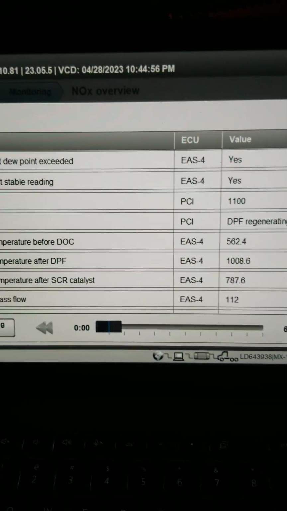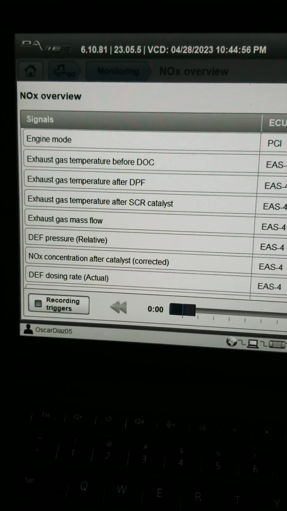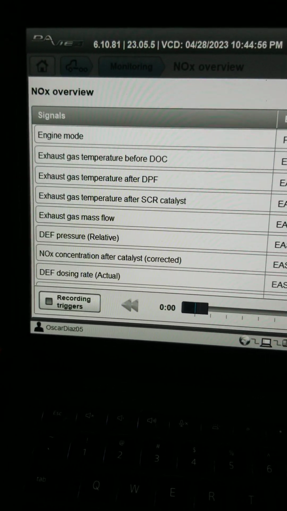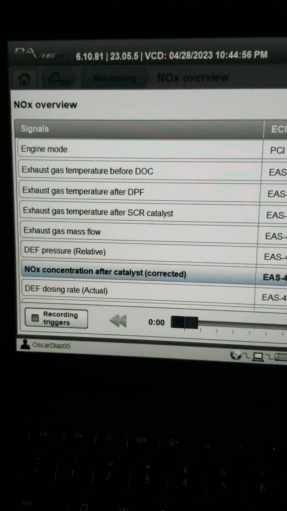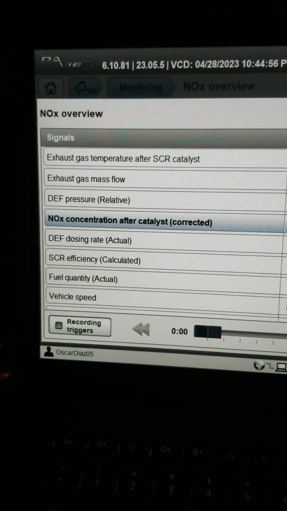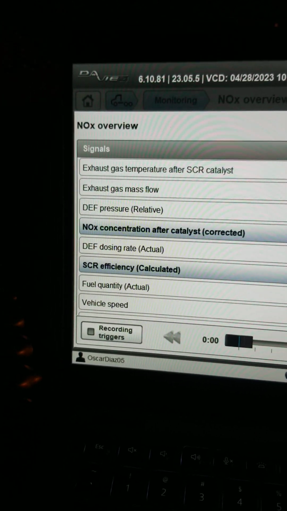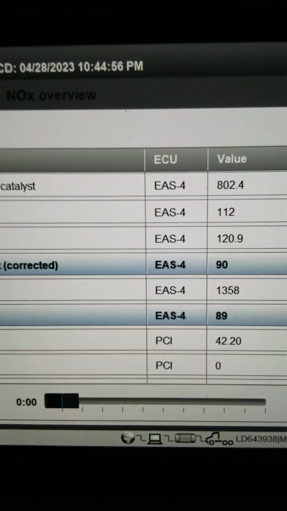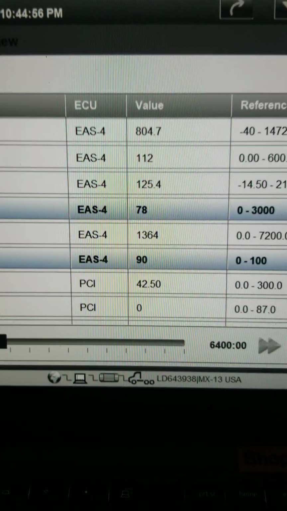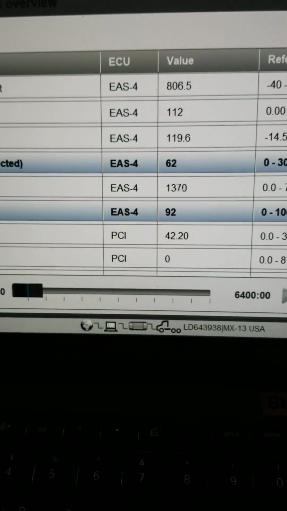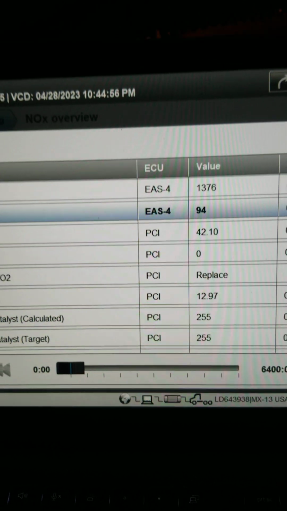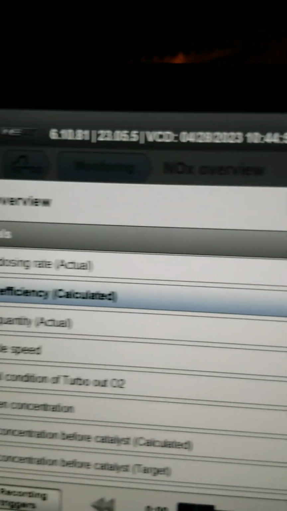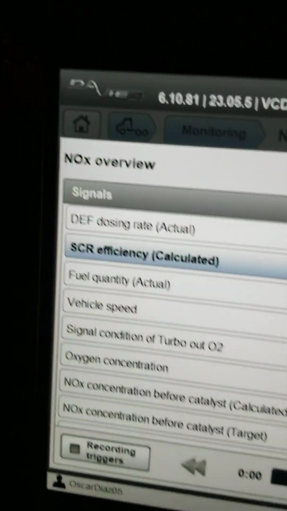So what I do is check the NOx concentration after catalyst, and then I check the SCR efficiency. 90%, 85% or less is bad. The filter is not really being cleaned. The system is not working efficiently if you have 85% efficiency on the SCR.